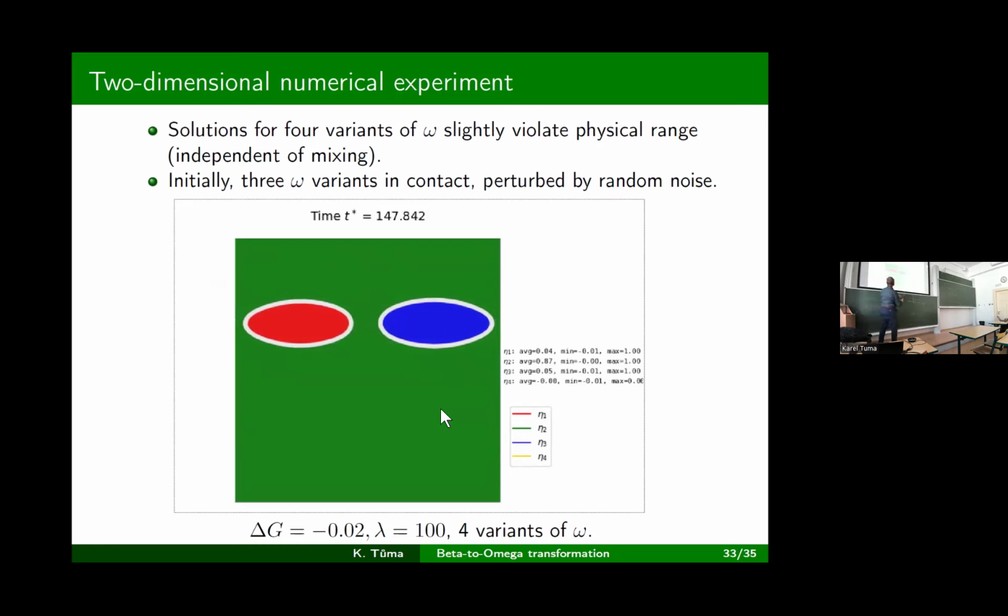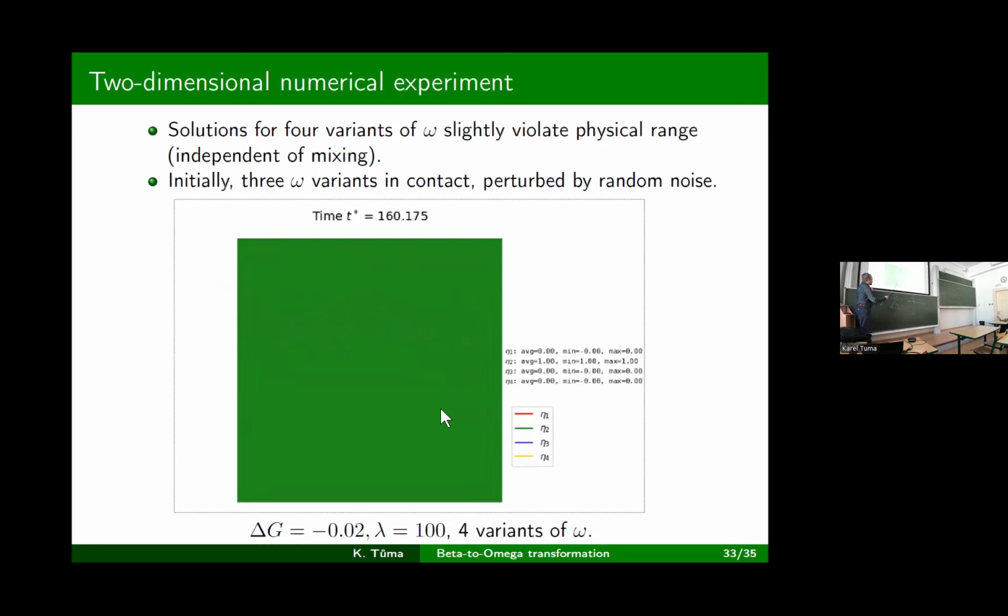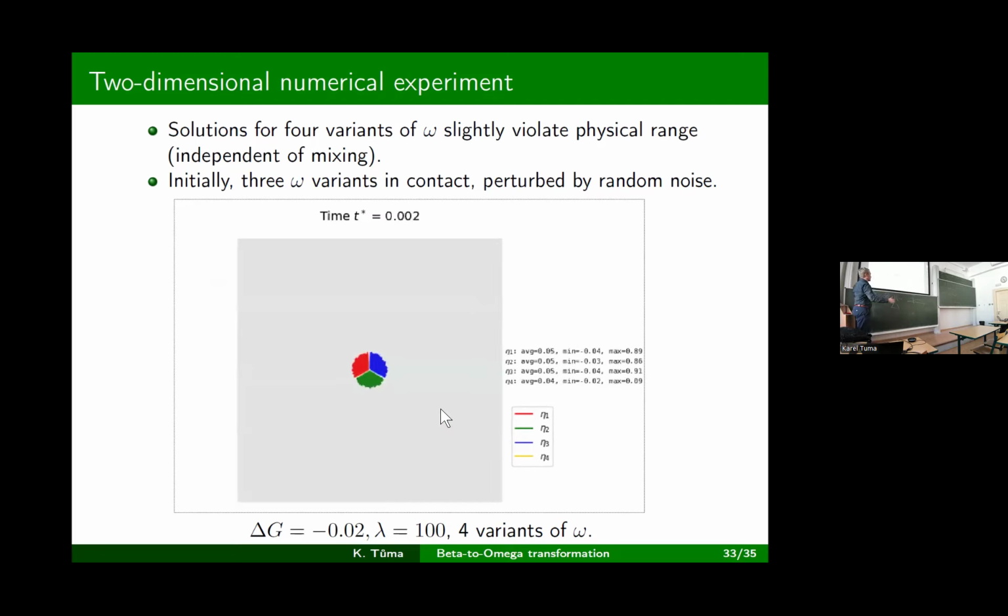So here you can see that we slightly do not satisfy the physical range. The volume fractions are not exactly between 0 and 1, but the minimum here is minus 0.01. And of course, energetically, it is clear that at very large time it wants to go to just one variant of omega.